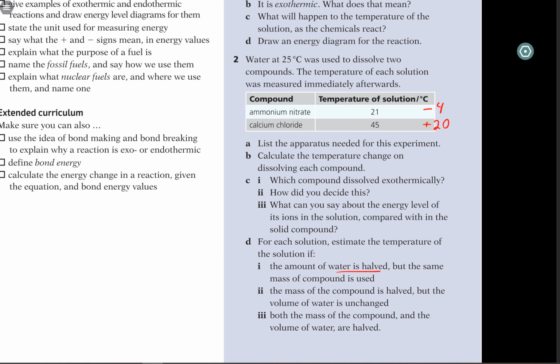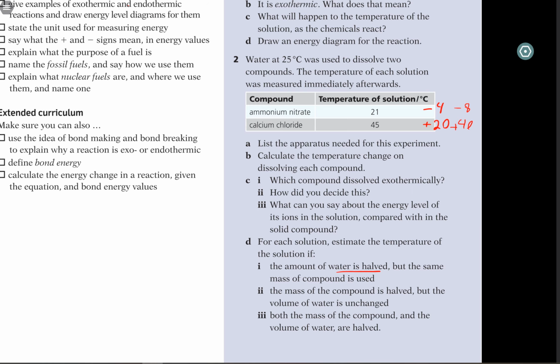So the temperature increase for calcium chloride is twice the original, it becomes positive 40, and the temperature drop for ammonium nitrate would be twice the original, becoming negative 8.